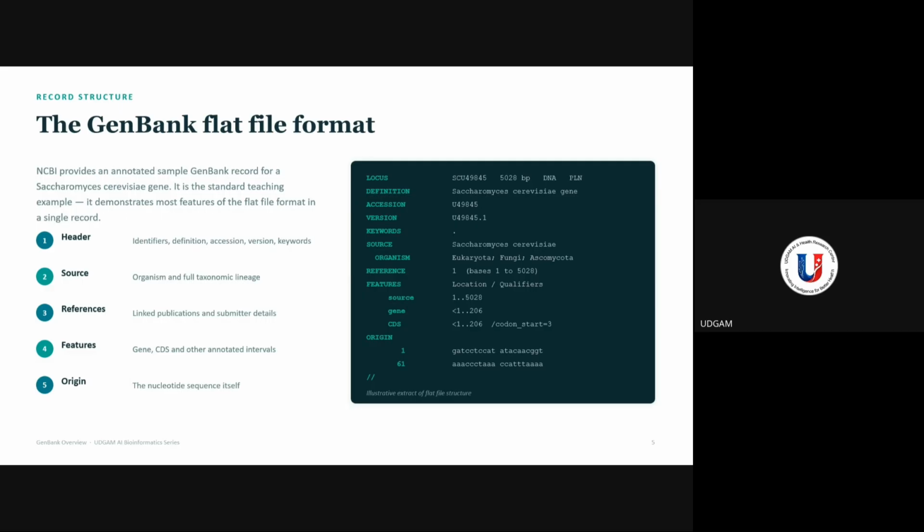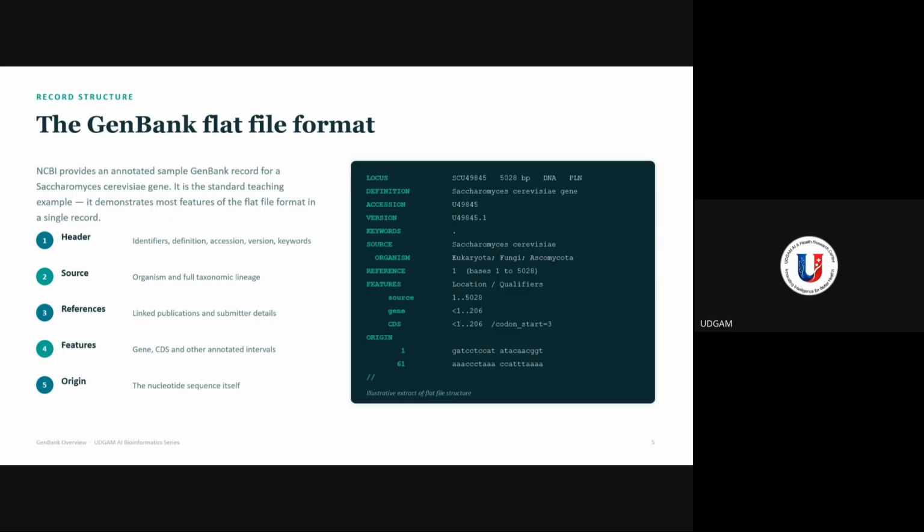NCBI provides an annotated sample GenBank record for a particular organism. Here I have mentioned a Saccharomyces cerevisiae gene, and it is there at the NCBI site, so we are going to perform that today. It is a standard teaching example that demonstrates most features of the flat file format in a single record.